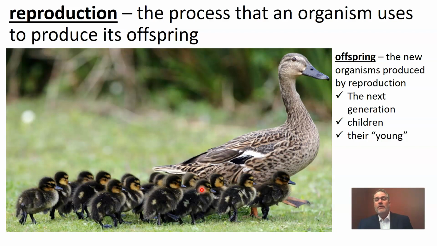And we're going to be taking a look at some of those. It is important to remember, though, without reproduction, species will become extinct. So if we have a particular type of animal or plant that is not able to reproduce, then there's no next generation, and eventually that species would face extinction.